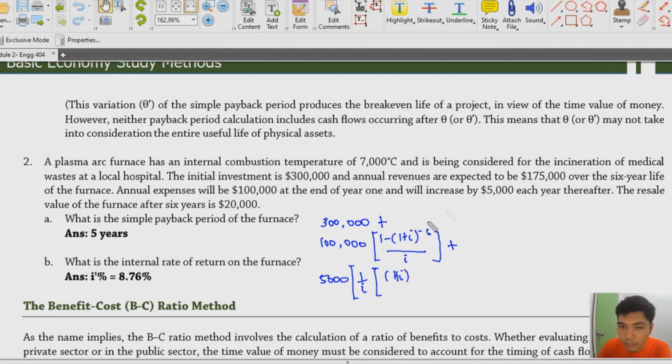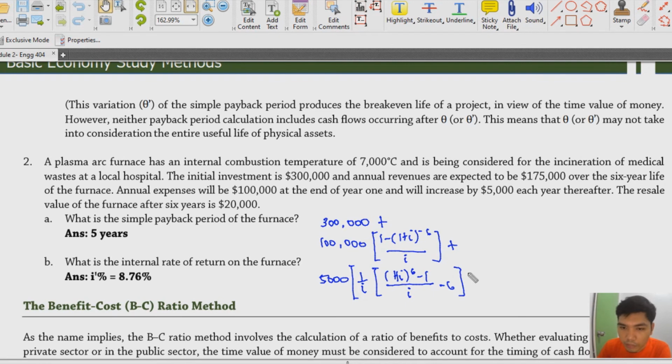So, what is our n? So, remember, for this particular scenario, our n would be equal to negative 1, because only in the second year does it increase, after the first end of the year. So, that is the right n. So, that would be positive 6 as well. And then, minus 1. And then, we divide this by I. And then, minus 6. Okay?